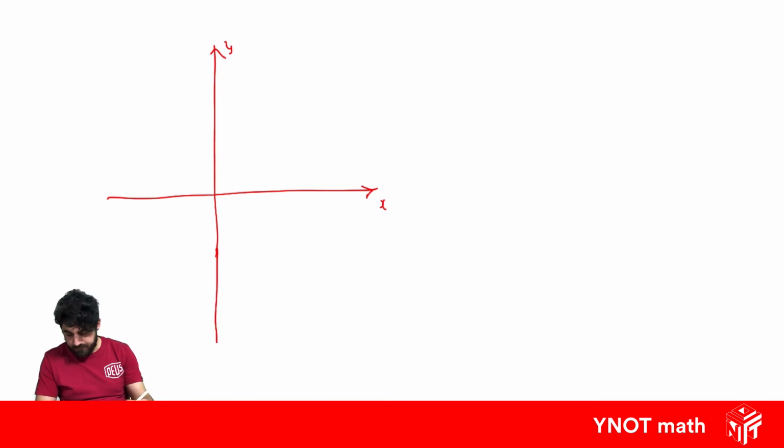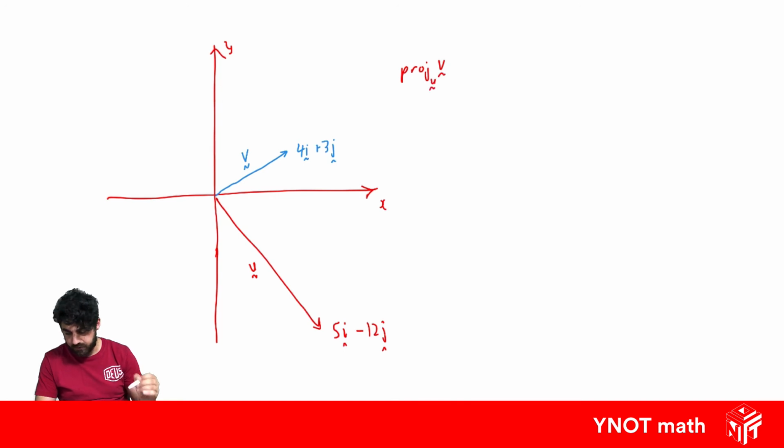So we're going to look at a vector u being 5i minus 12j, and another vector 4i plus 3j. This will be vector v. And we're after the projection of v onto u.